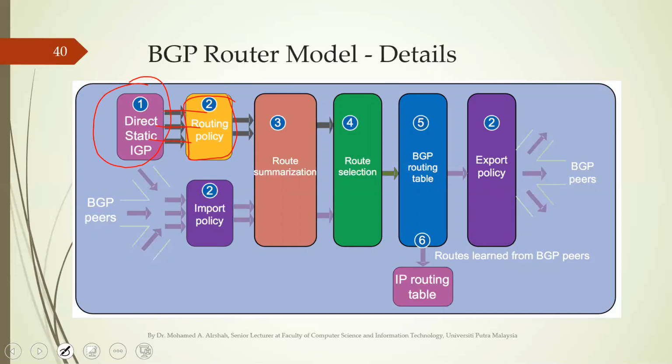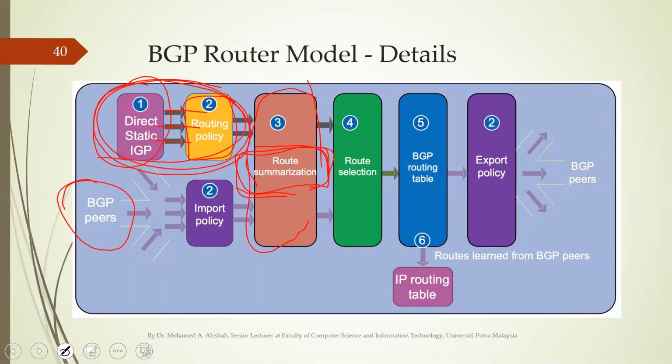Then here we have route summarization. The unwanted routes will be filtered out. Also here from BGP peers. The BGP here can learn from static, as I mentioned in the previous slide, and also can learn from other BGP peers.